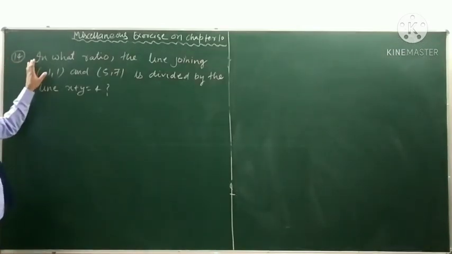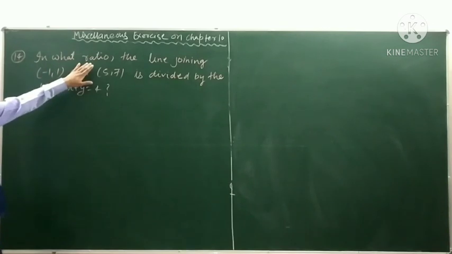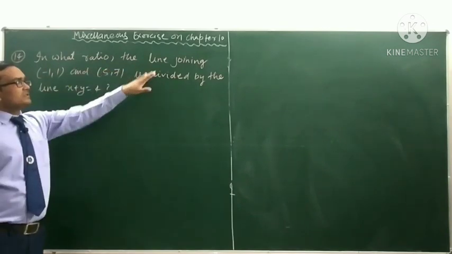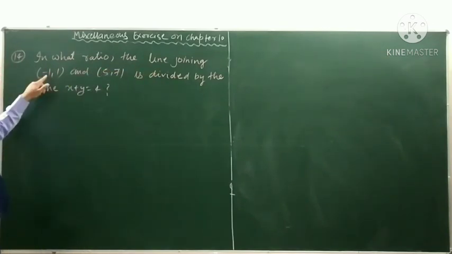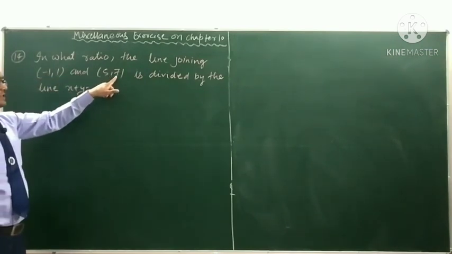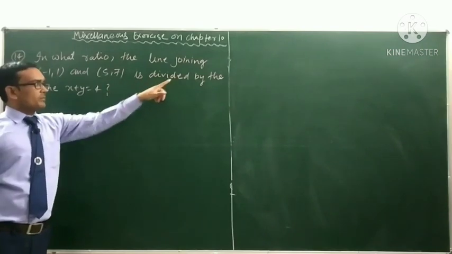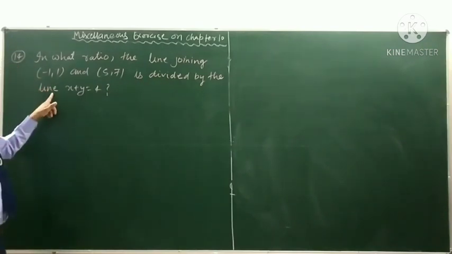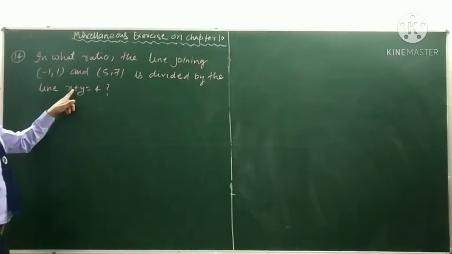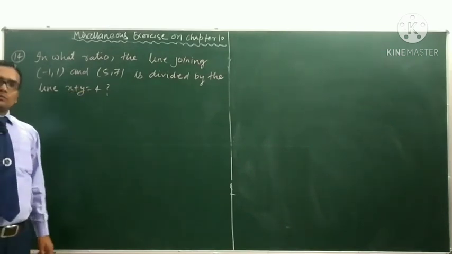Question number 14 is: in what ratio is the line joining (-1, 1) and (5, 7) divided by the line x + y = 4?